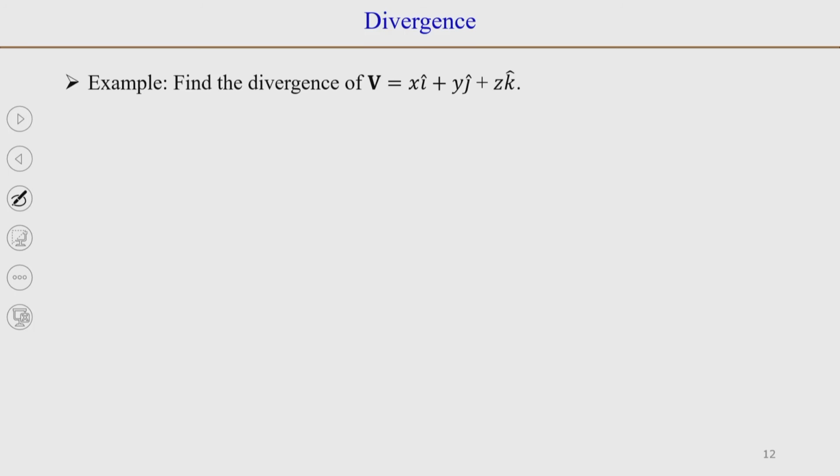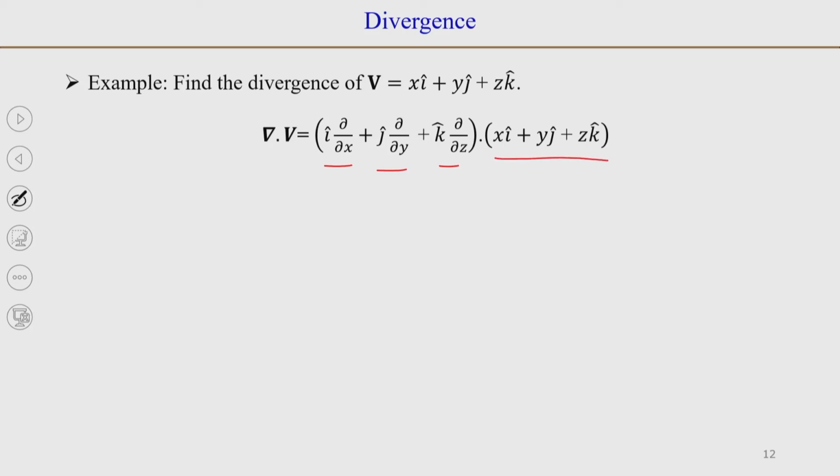Okay. So, again let us take a simple example where we need to find the divergence of a vector v, which is x i plus y j plus z k. If we take its divergence, we can write i del by del x plus j del by del y plus k del by del z dot the vector v, which is x i plus y j plus z k.